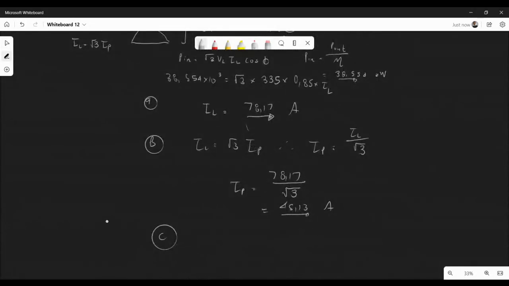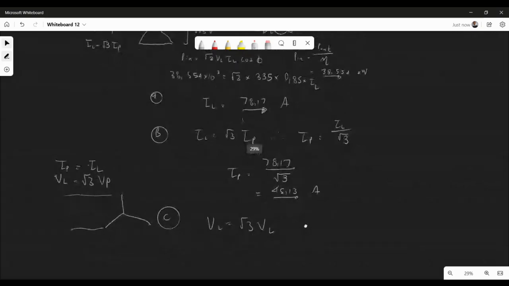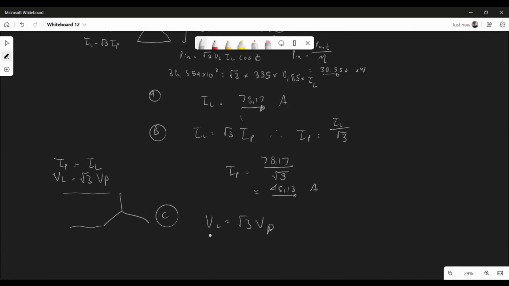In a star connection the line current is the same as the phase current, and your line voltage is equal to √3 times VP, the phase voltage.